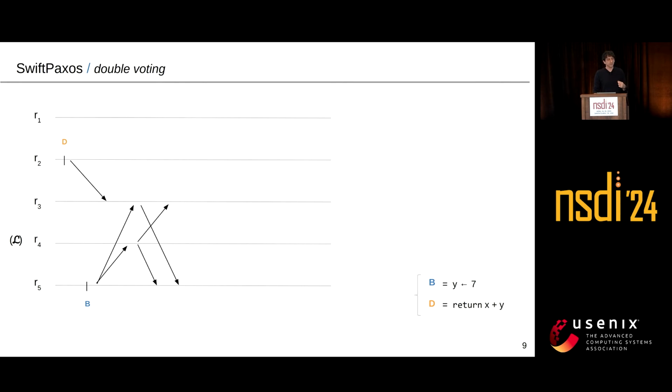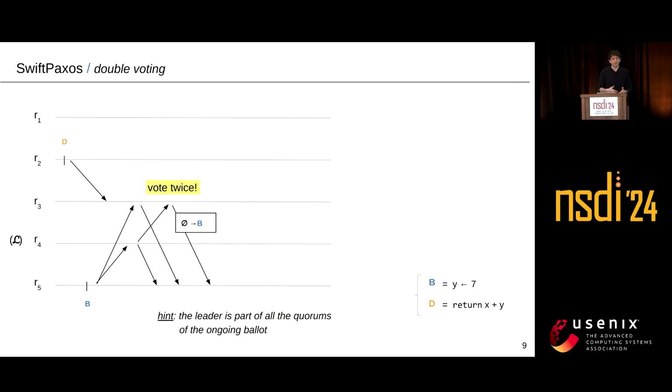To correct that, SwiftPaxos is allowing the leader replica to broadcast its proposal, and replicas that are receiving a proposal that is not the one they sent correct their vote. They vote a second time to correct their proposal. So in that case, R3 will vote to order B first.